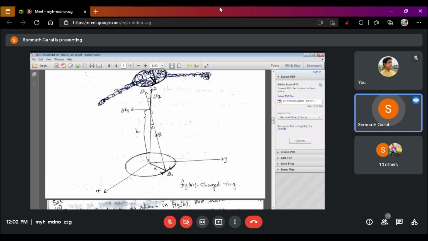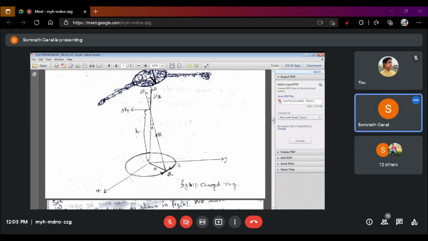This is the point charge E, whose location is 0, 0, h. Now there is a circular ring which is situated in the xy plane, whose radius is a.